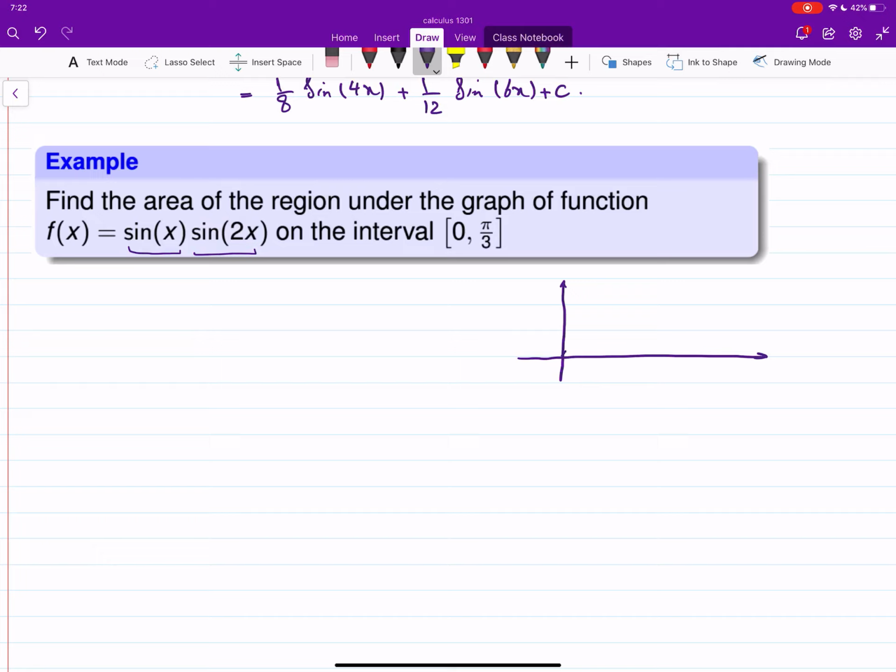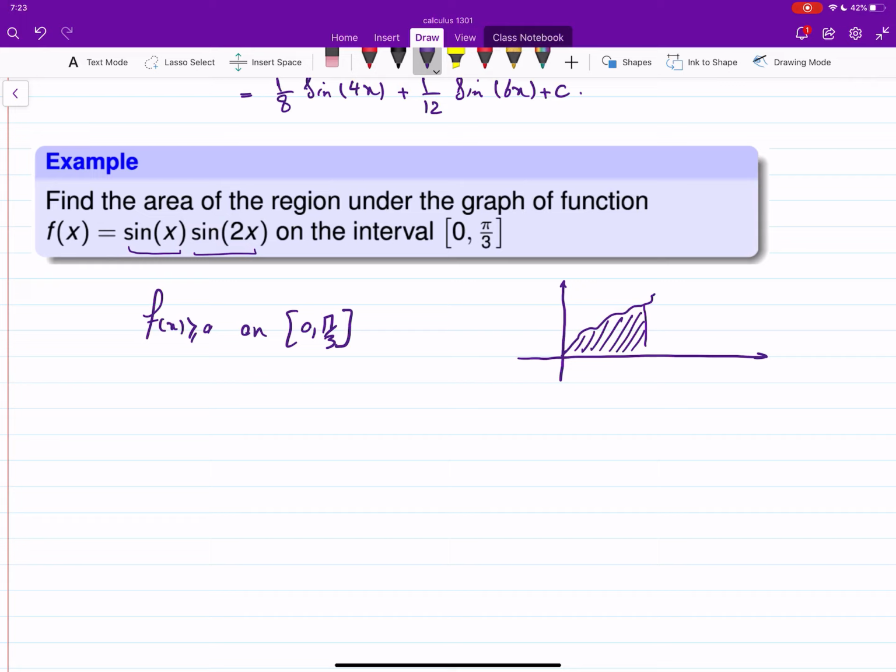So whatever shape it has, by the way, it starts from 0. I don't know how this goes, but it is going to be positive. So f is positive on the interval 0 to pi over 3. When I draw it that way, I didn't mean that it's crazy like that, but it can be any shape. The important point for me here is that it's going to be a positive function.